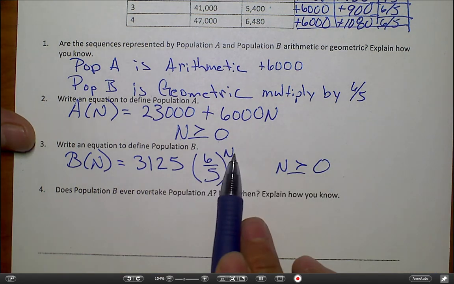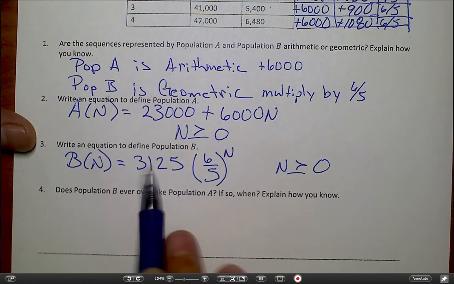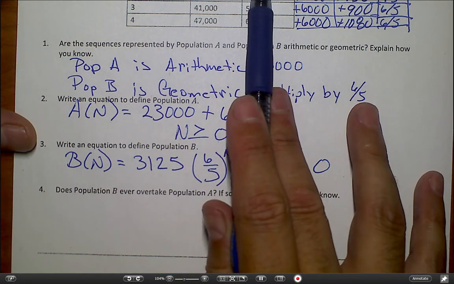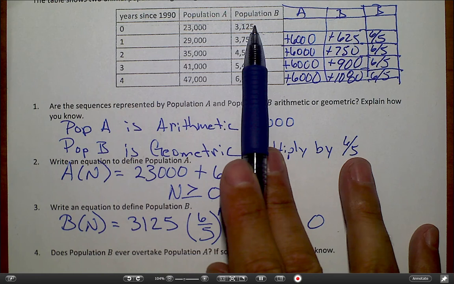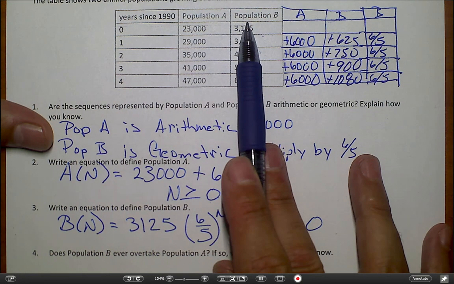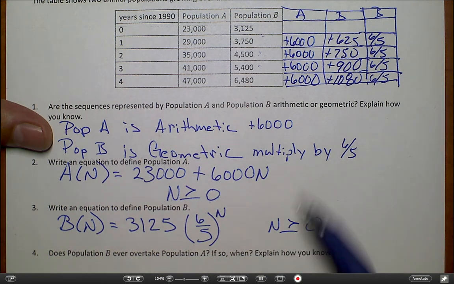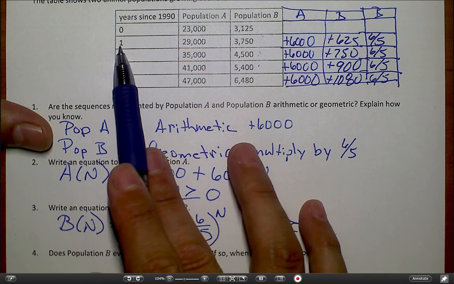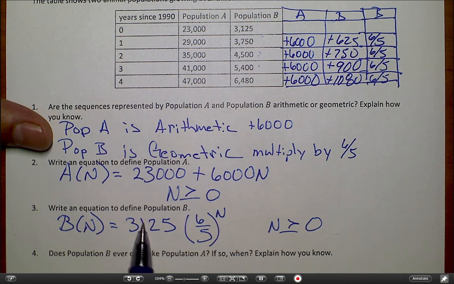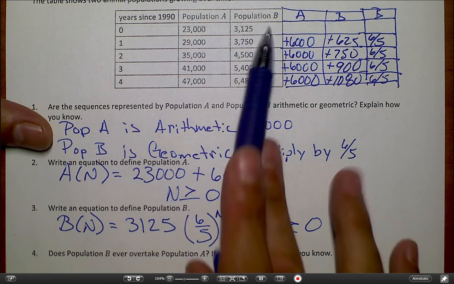Anything to the 0 power is 1 times 3125. This is 3125. So that is my first number in this sequence. And after I do 1, it's going to be 3750. So this times 6/5 one time is going to give me 3750.